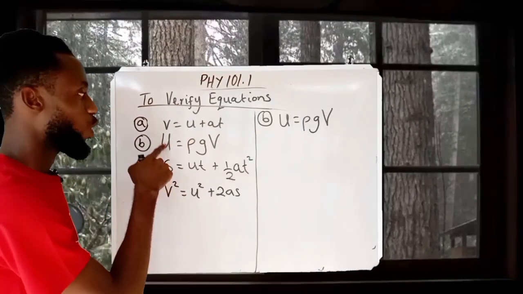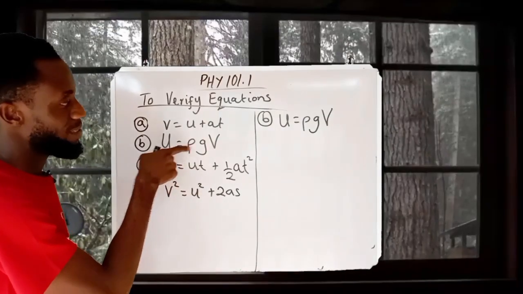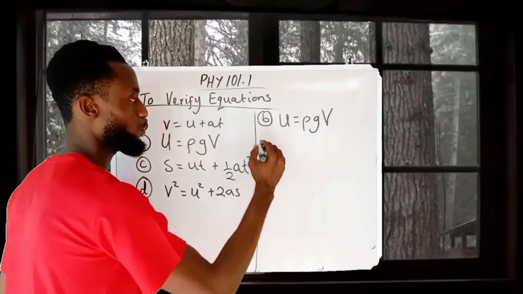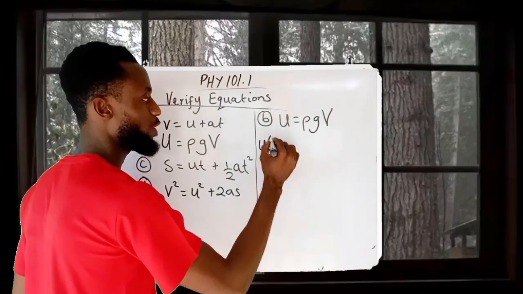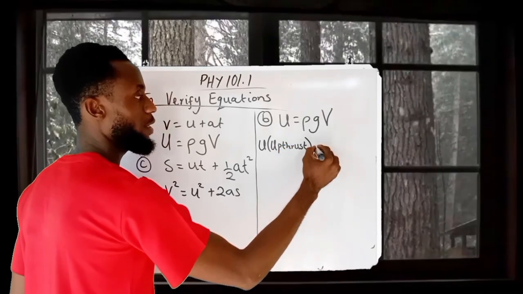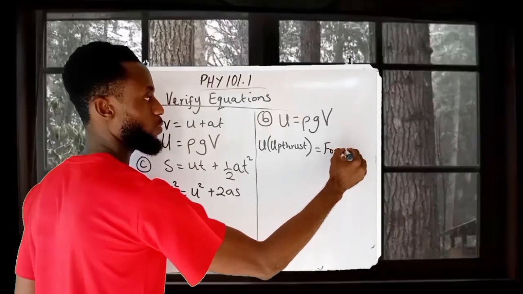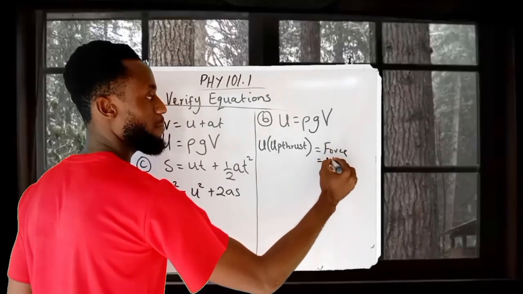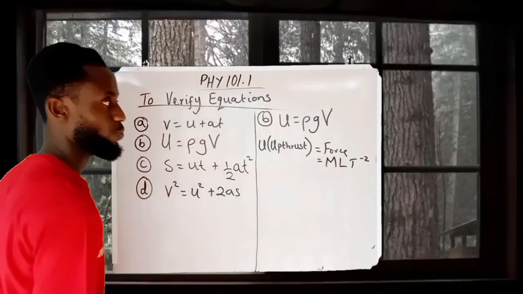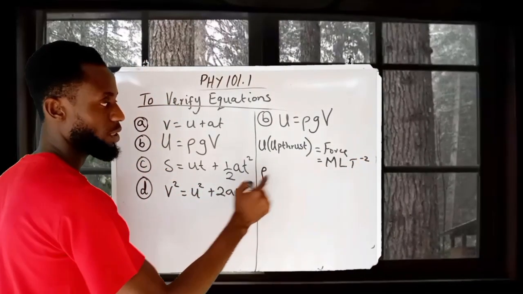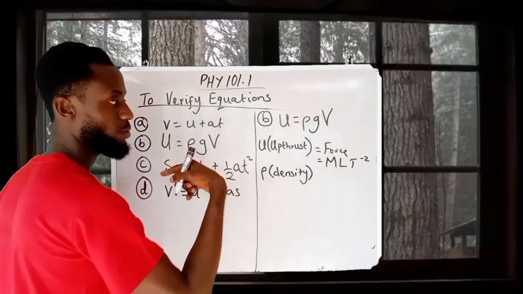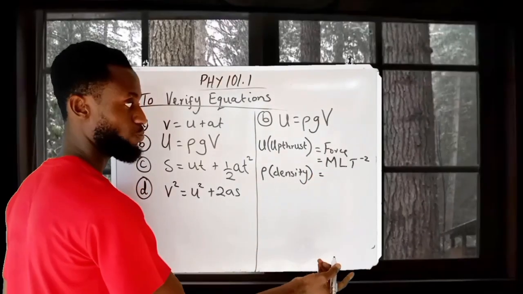The second one, upthrust equals density times gravity times volume. So upthrust is a force actually. So U, which means upthrust, is the same as force. So we are going to work it as mass times acceleration, which is MLT^-2. Density, we have worked it out before as mass over volume.